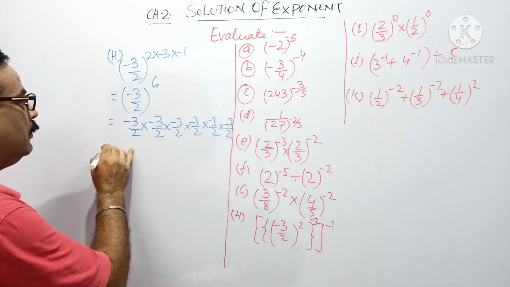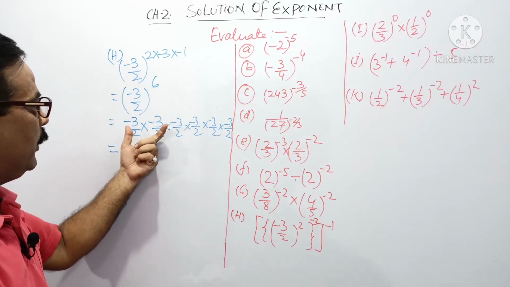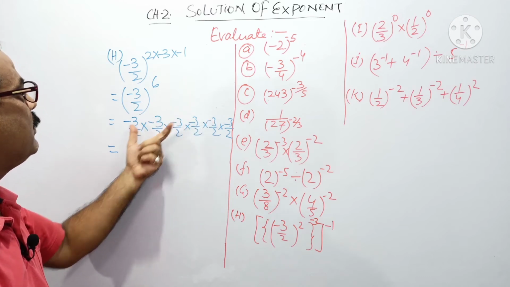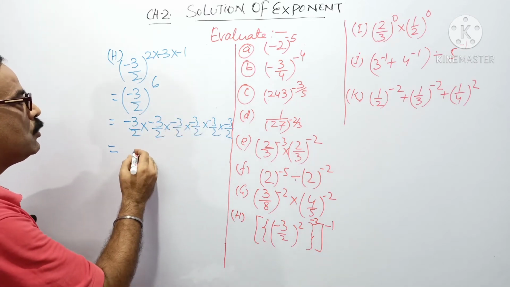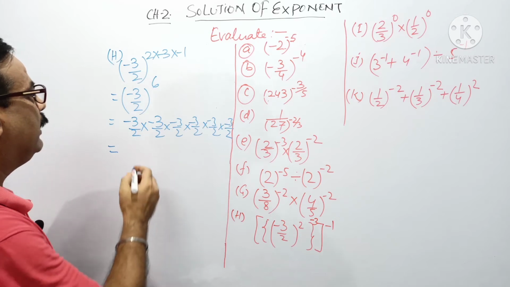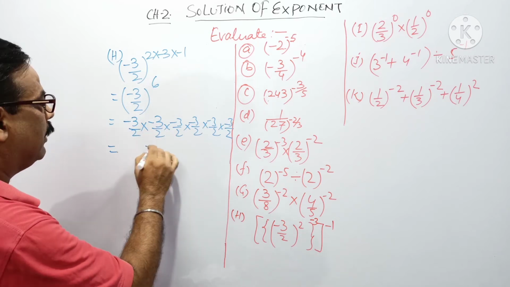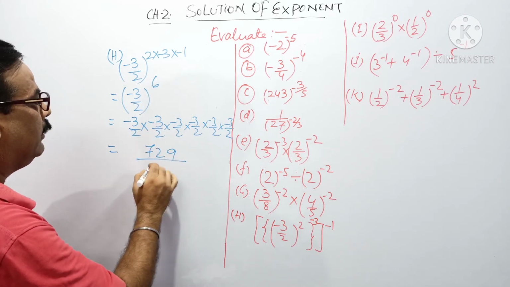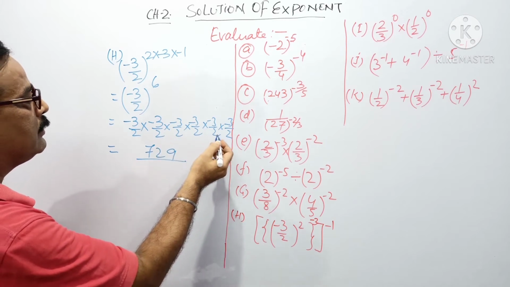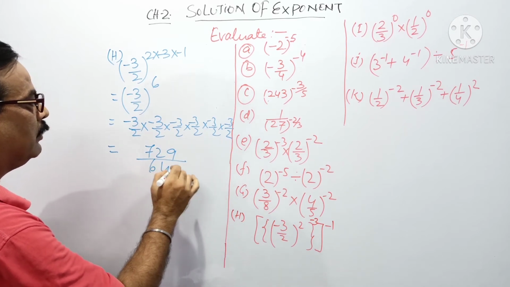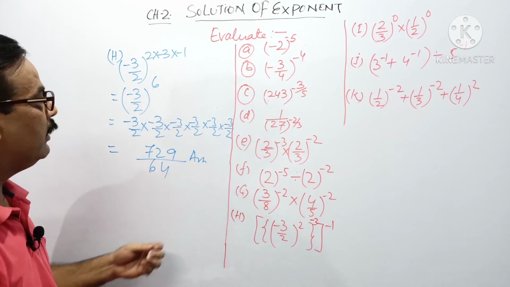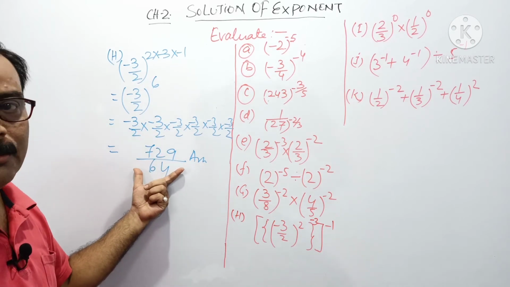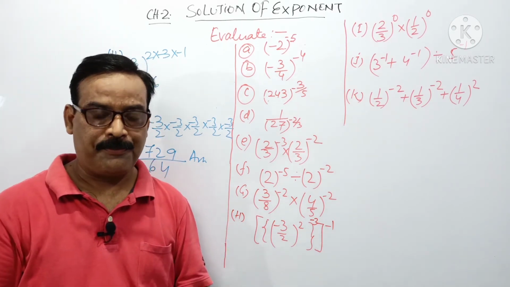For the value of this term, because an even number of negative signs is in the numerator, we can convert it into a positive sign, and the value is 729 by 2 multiplied 6 times, that is 64. So the answer of this question is 729 by 64.